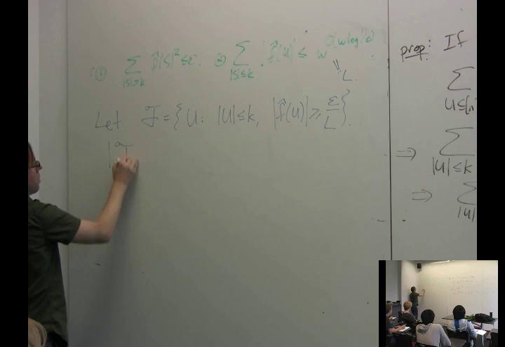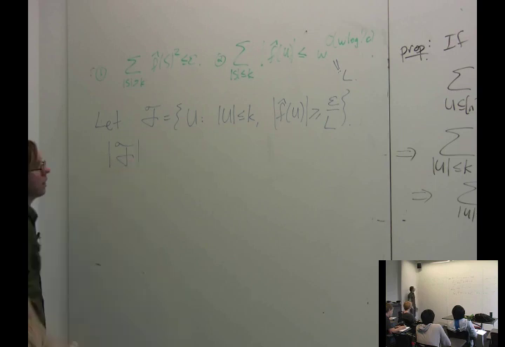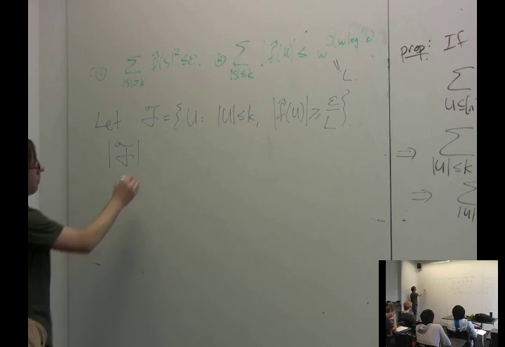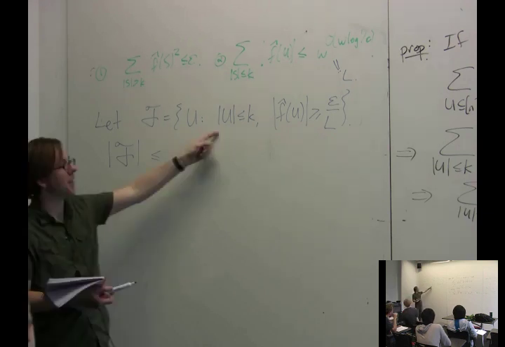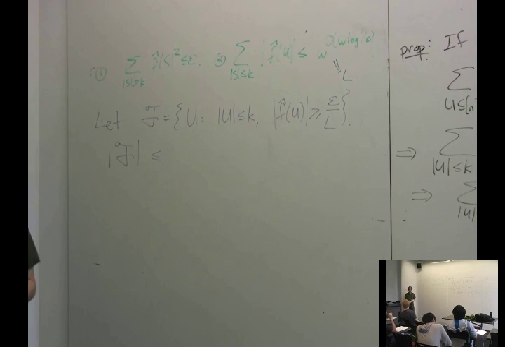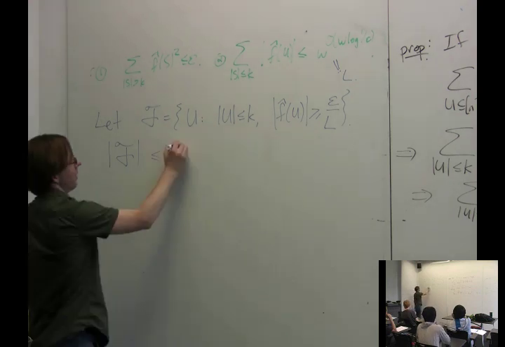Can somebody tell me a bound on the cardinality of script F? An upper bound. No points for a lower bound. I think you were going for n to the k, but it's better than that. Very close. L squared over epsilon, that's right.